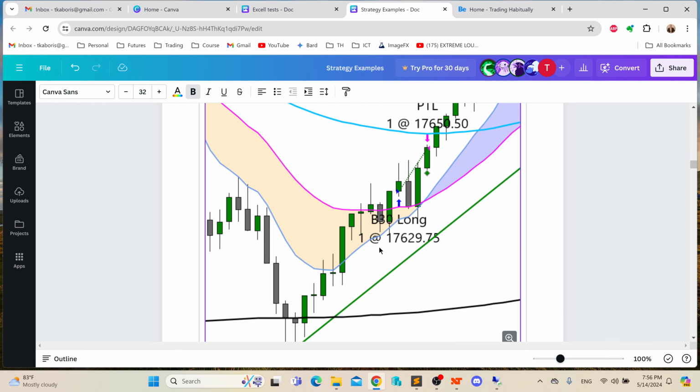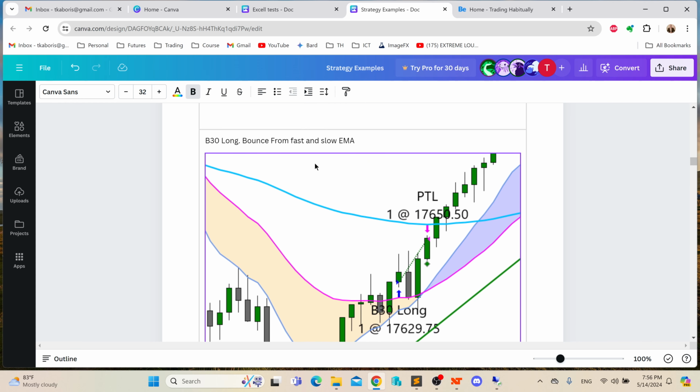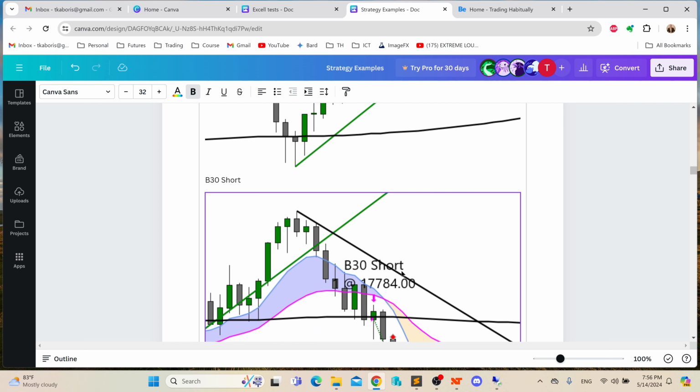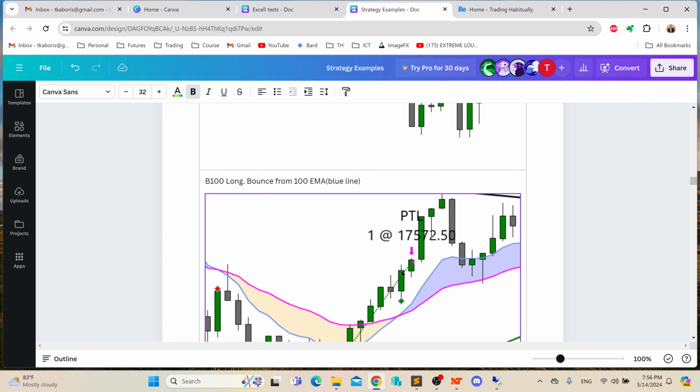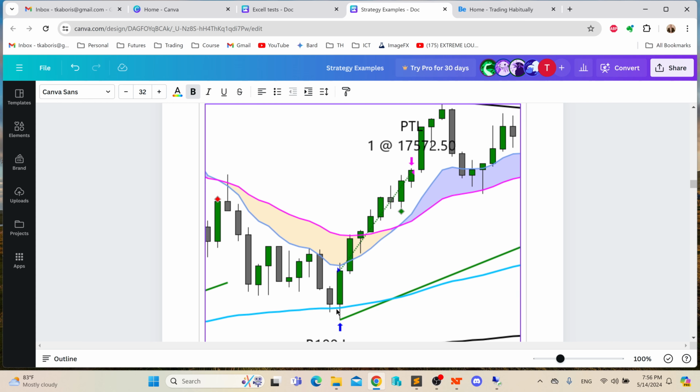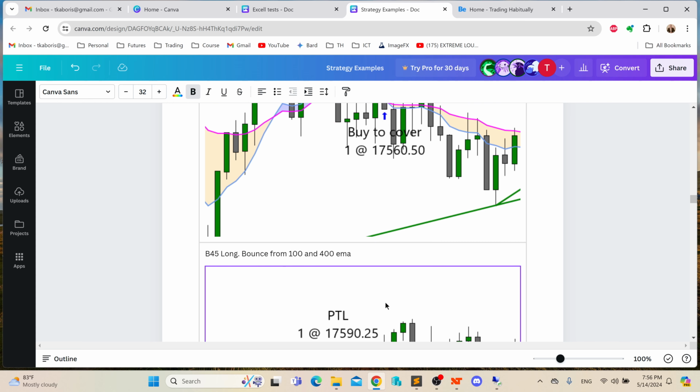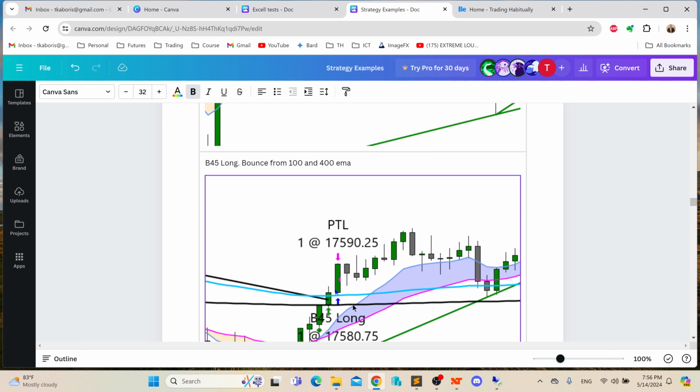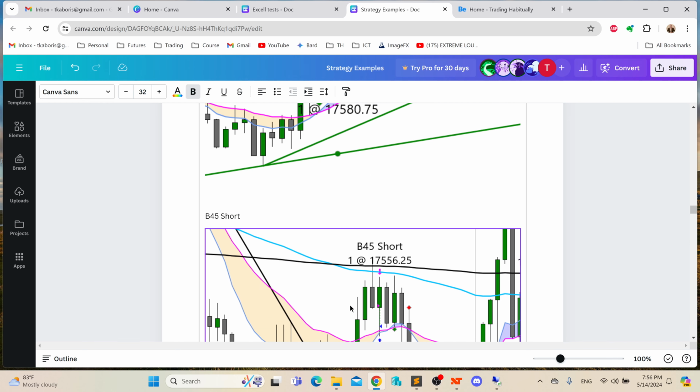Then you have B30. This is also from EMAs plus specific price action. B100 is a bounce from 100 EMA. B45 is a bounce from 100 and 400 EMA.